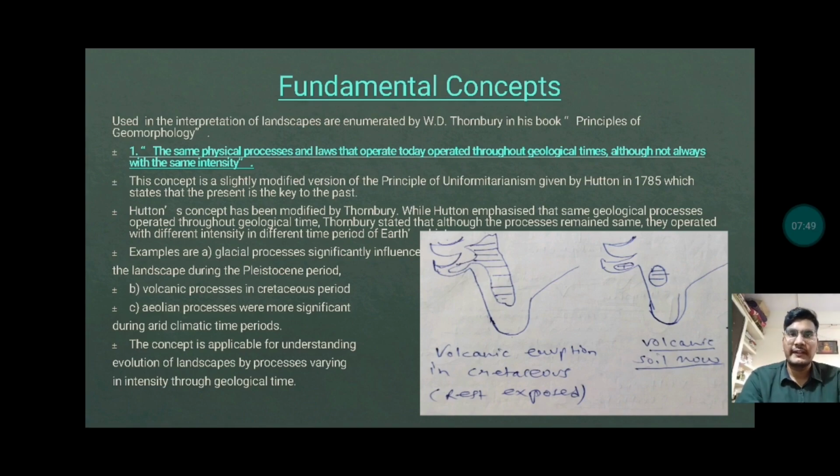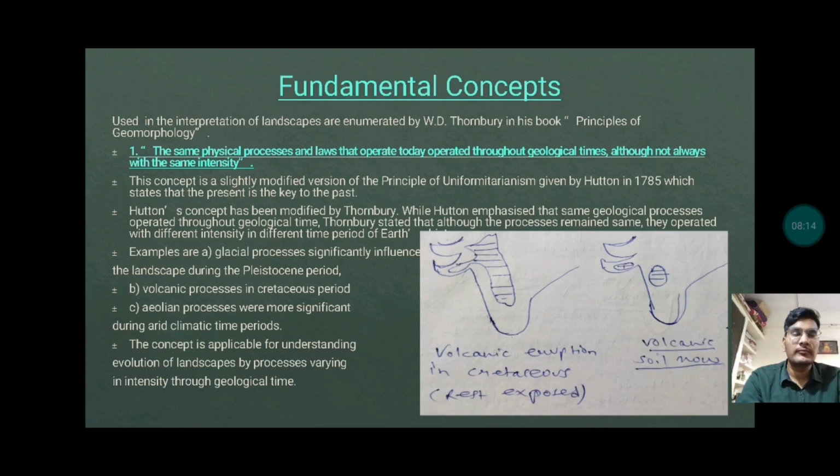The first and prominent example we can see in the recent geological time scale, which is known as the Pleistocene period. In the Pleistocene period, we have found that there were glacial ages and interglacial ages, but now these are missing.